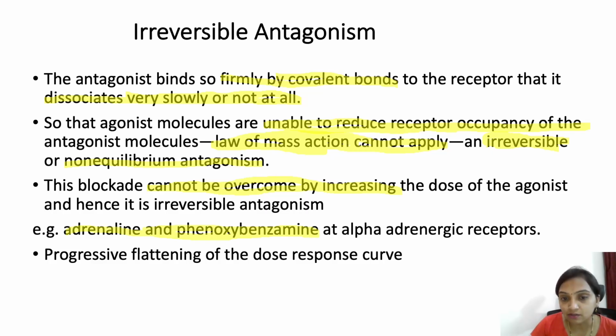In the presence of phenoxybenzamine, adrenaline cannot produce the effect because phenoxybenzamine has already occupied the alpha receptor irreversibly. So here also in the dose response curve, what we see is a progressive flattening of the dose response curve, like non-competitive antagonism, but the antagonism will be more compared to non-competitive antagonism.